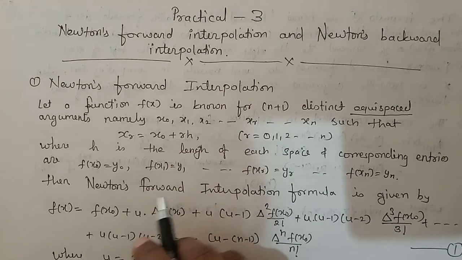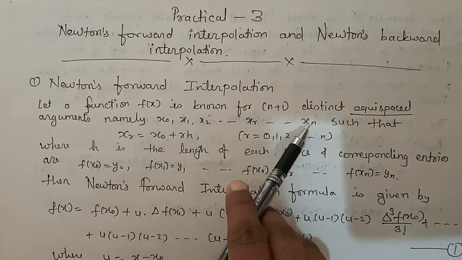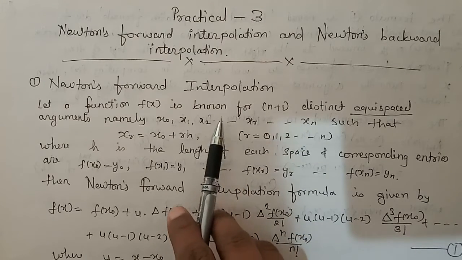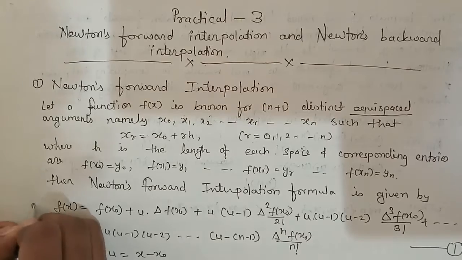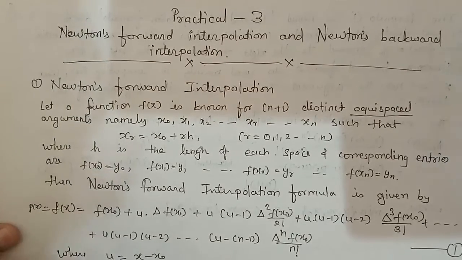For these values we are finding Newton's interpolation formula for a particular f of x. This is nothing but a polynomial of degree n, so obviously it has n plus 1 values. We assume this polynomial is equal to some function f of x.